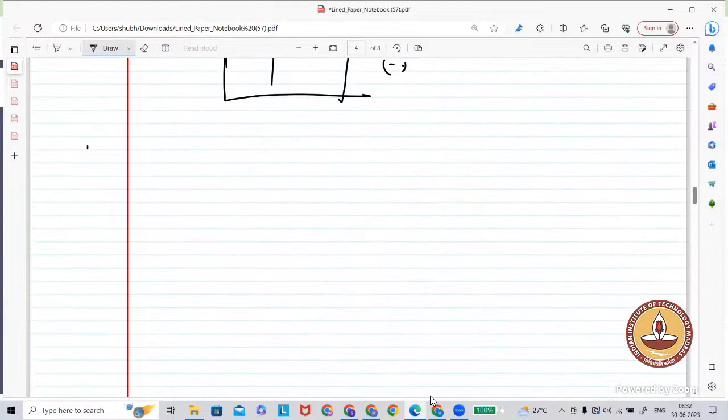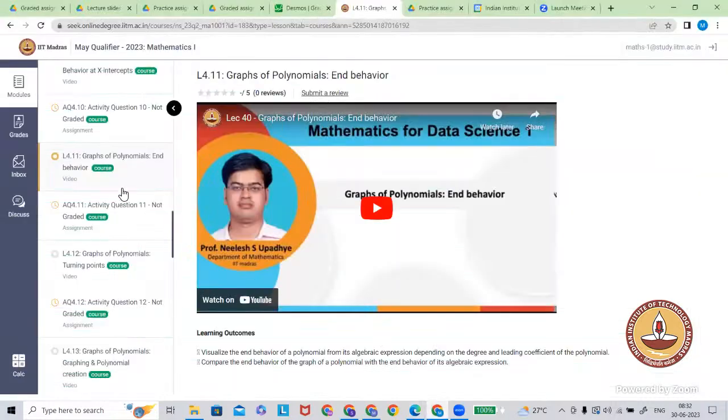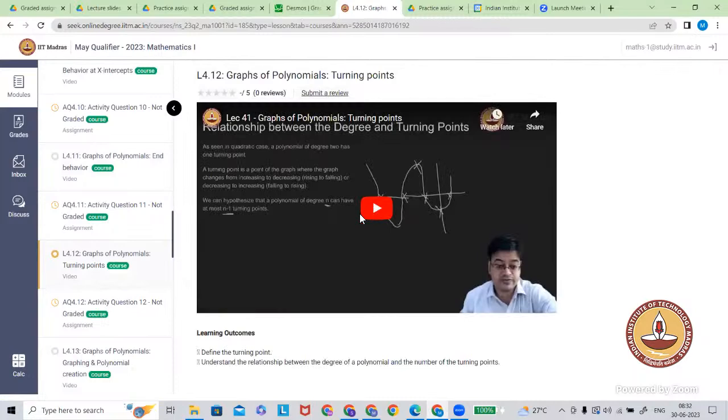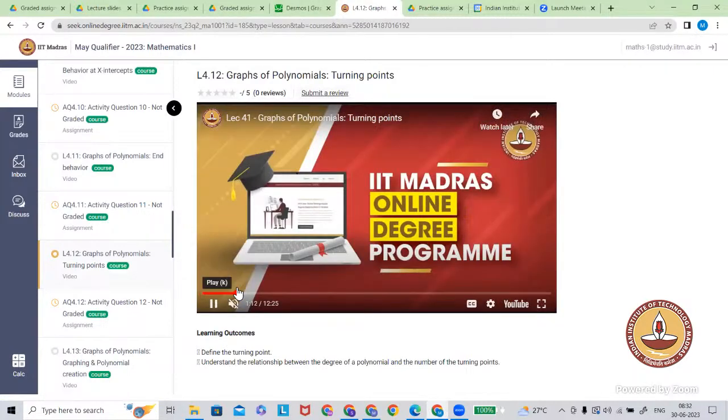So one property remains, which is the turning point. What does turning point mean?